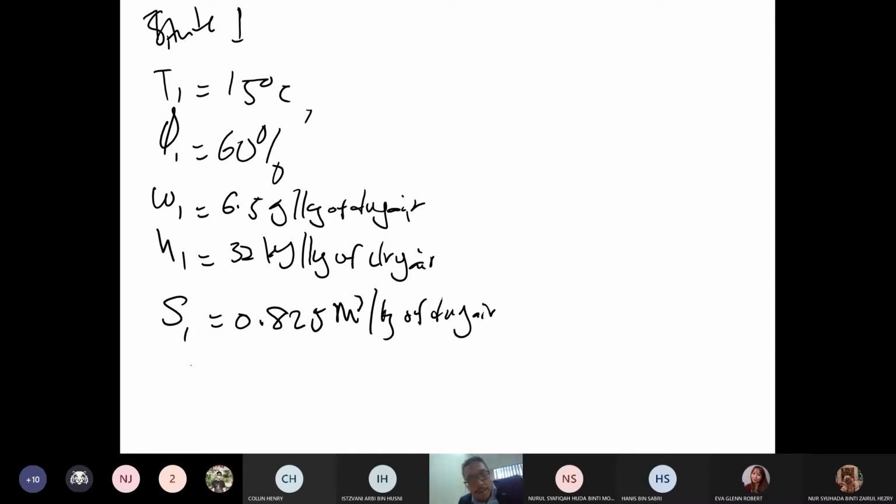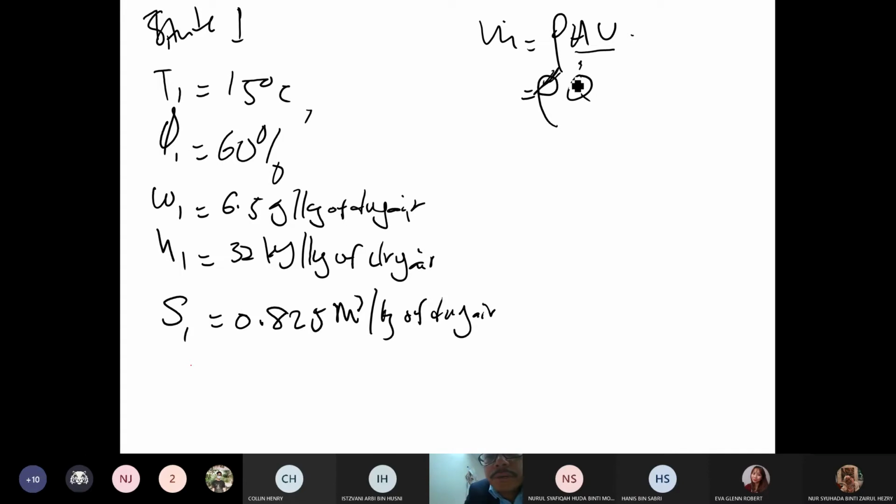From this state 1, you can calculate the mass flow rate. The mass flow rate m dot is equal to rho A V, which is also equal to Q dot times rho.